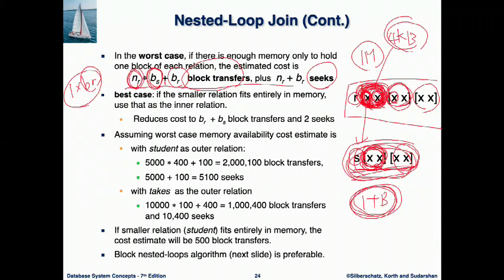So you should know that N sub R is going to be a lot larger than B sub R. Again, B sub R is the number of blocks in relation R, and N sub R is the number of records in R. And there are way more records than blocks.